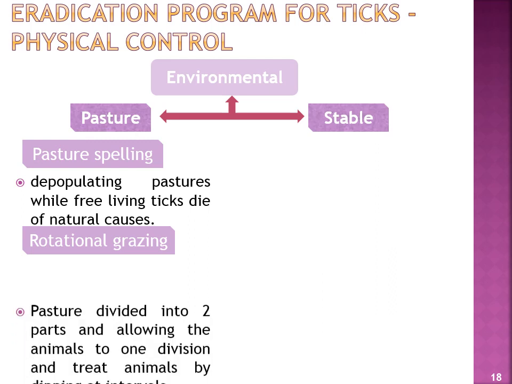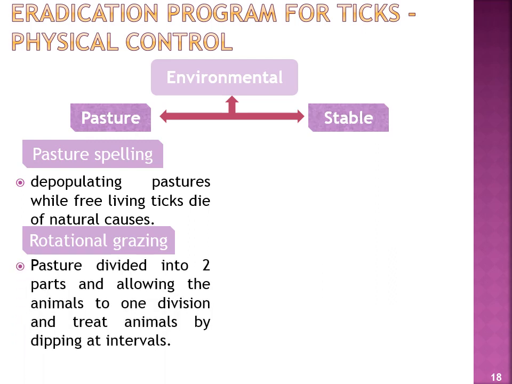The rotational grazing is if you have a limited area for animal grazing, so you can just divide the pasture into two parts and allow the animal to one division. This will act as a collector of ticks in this division.